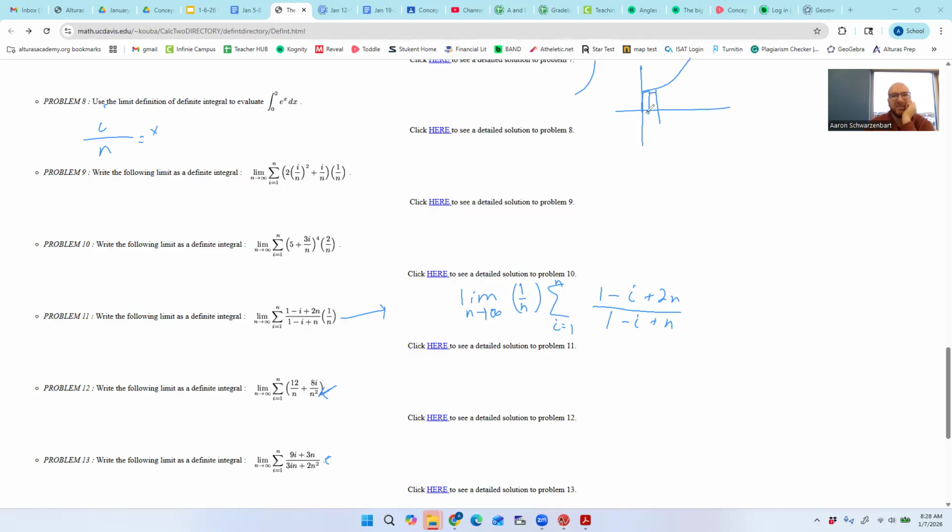So if I is 100, I've got 100 over my total subintervals. So I over n is always going to translate to x. So somehow I over n has simplified out of this.